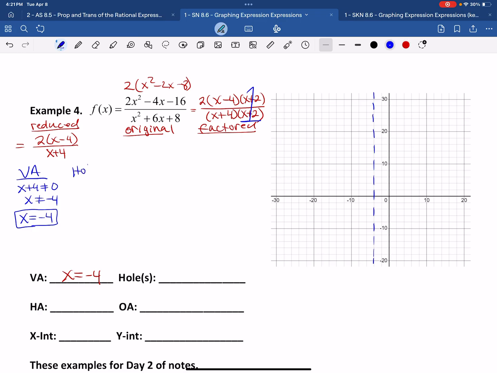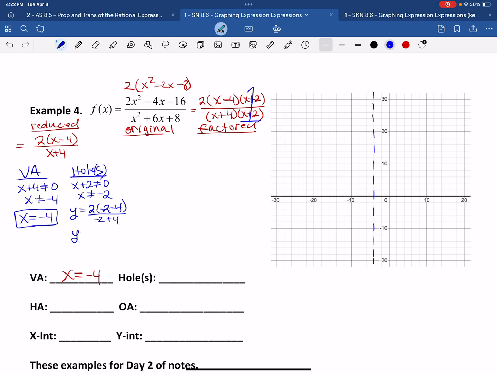Okay, so now if you remember holes, I go to factored form and notice that x plus 2 got reduced. So that's where my hole is going to be. x plus 2 cannot equal 0. So x cannot equal negative 2. So now I'm going to go to reduced form, and I'm going to plug in negative 2 for x. 2 times negative 2 minus 4 over negative 2 plus 4.